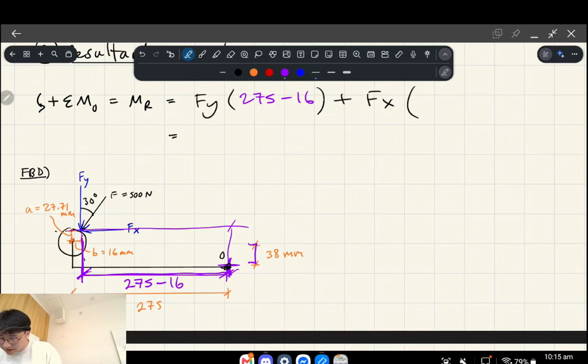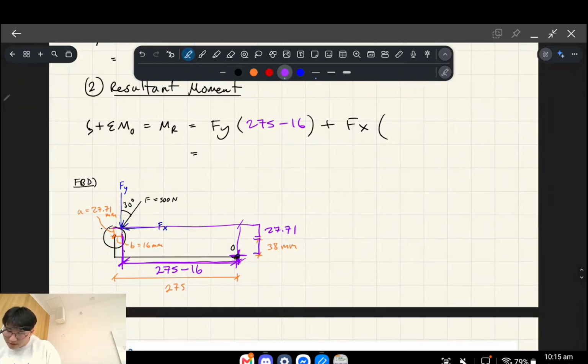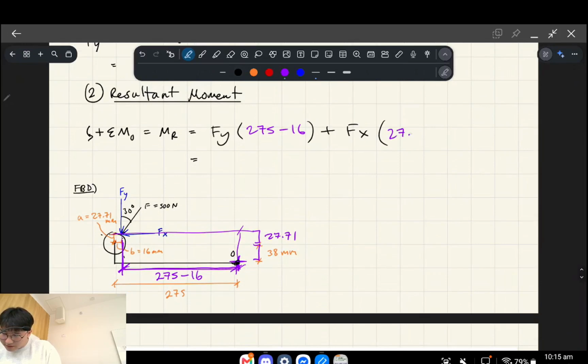Because we're going to add 38 millimeters onto 27.71, which was A. So this time it's going to be 27.71 plus 38. And we've worked out Fy and Fx in the previous steps. So now we can just punch this all in the calculator and get this.